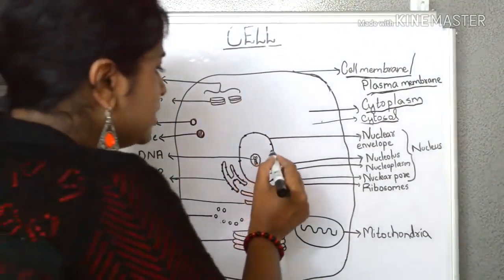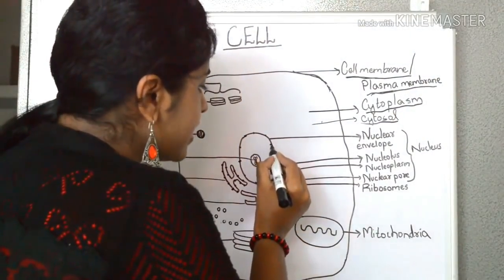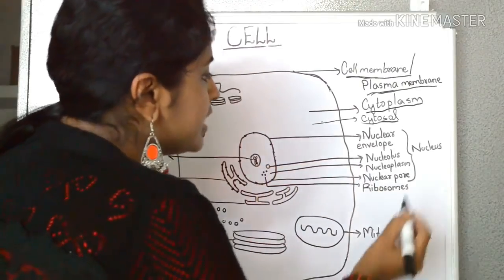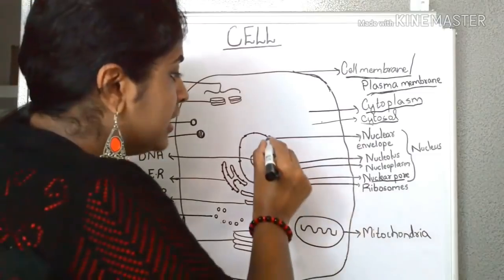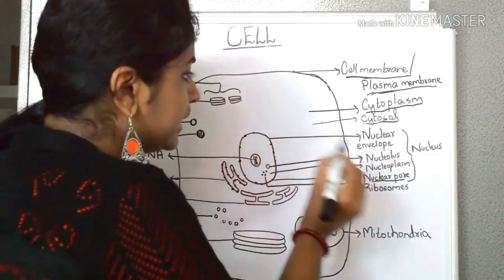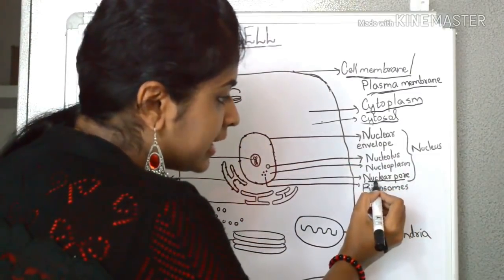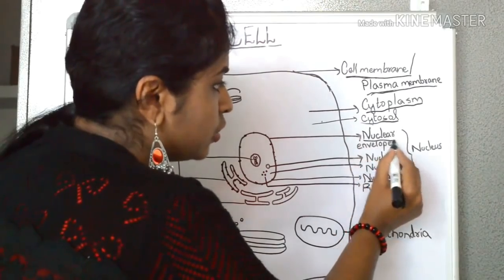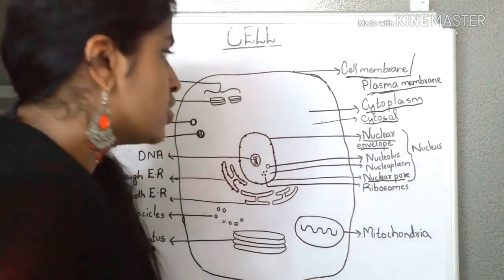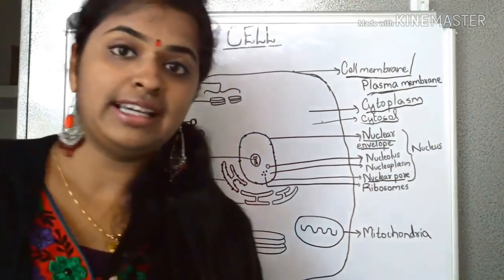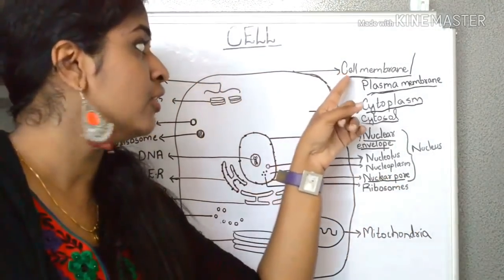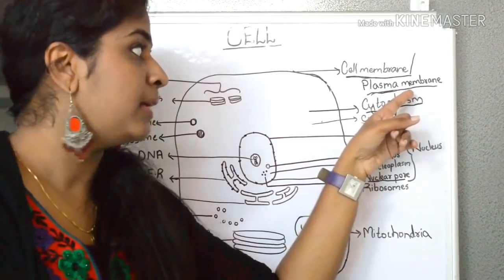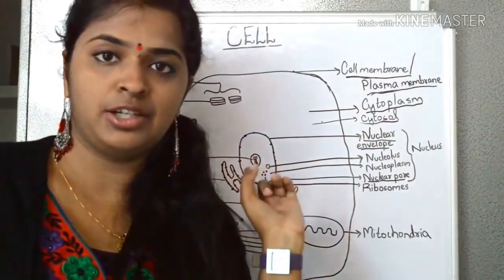The nucleus contains several pores on it which are called nuclear pores. The outer surface of the nucleus where the nuclear pores are there is called the nuclear envelope. So the function of the nuclear envelope and the nuclear pore is the same as the function of the cell membrane or plasma membrane and the pores present on it.